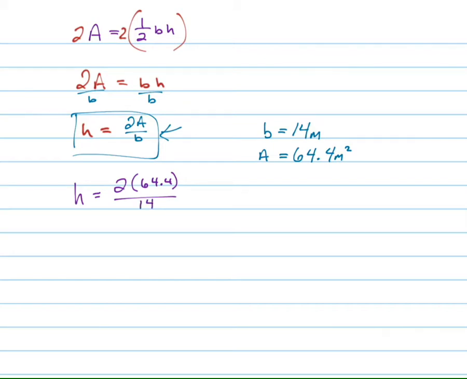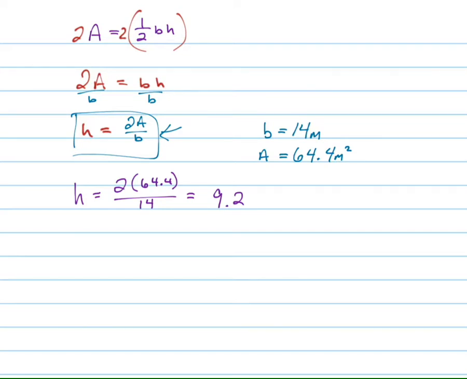What do we get when we simplify that? 9.2. Okay. So we'd be doing 2 times 64.4 and then dividing the result by 14. Any questions yet?